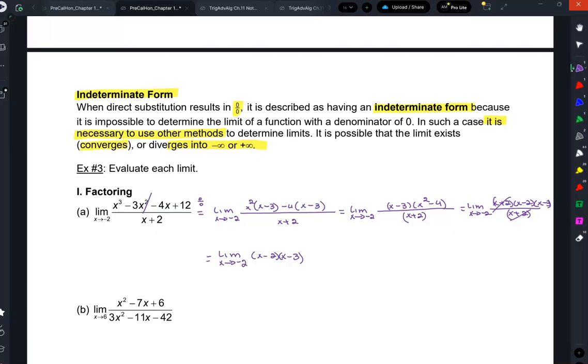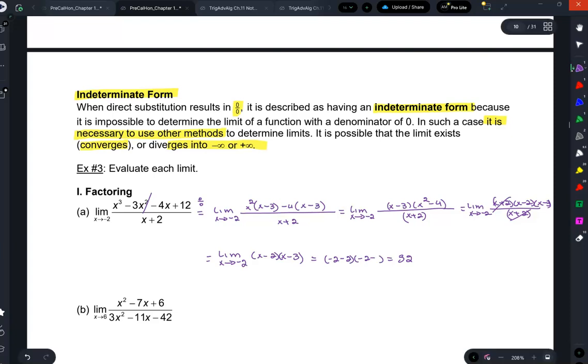Now, the thing that gave me 0 over 0, that issue is no longer present. So now I can plug in negative 2, but this time I have to drop the limit, right? So it'll be negative 2 minus 2, negative 2 minus 3. How much is that? Negative 4 times negative 5.